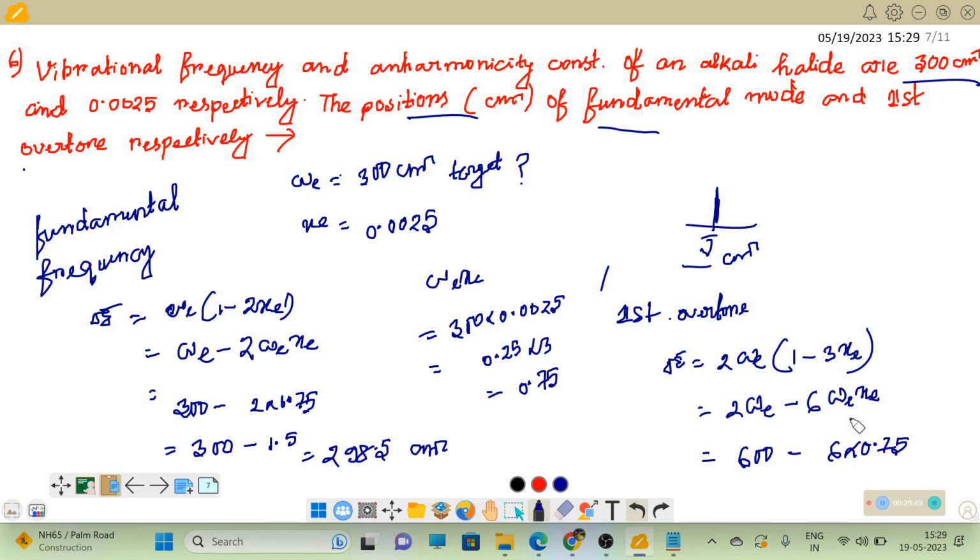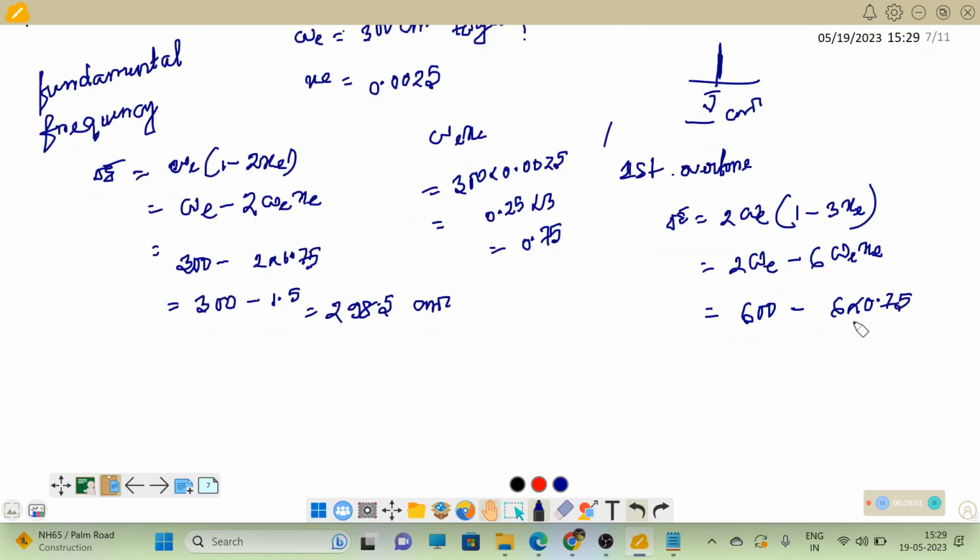This is also the same. 0.75 into 2 equals 1.5, and 0.75 into 6 equals 4.5, sorry, we are multiplying with 3.